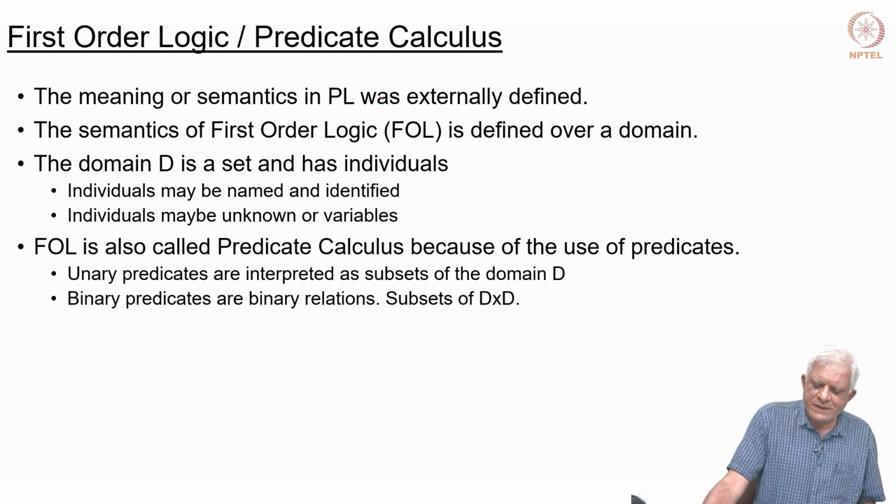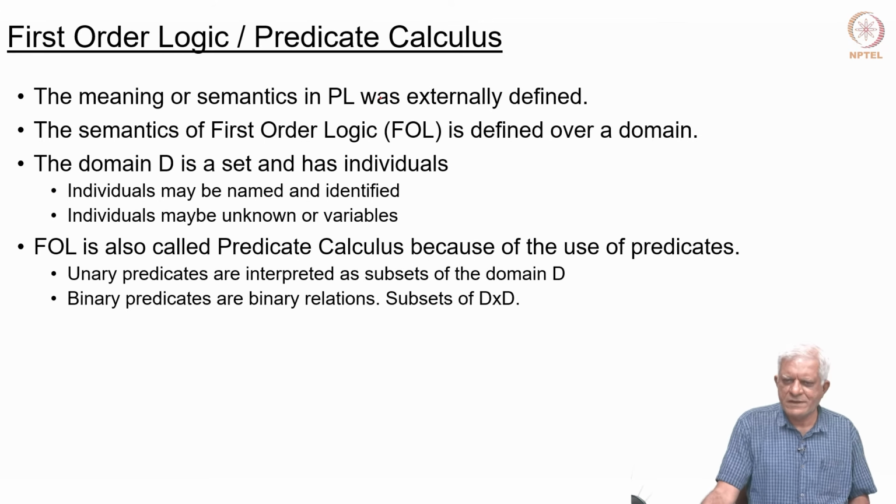FOL is also called predicate calculus because of the use of predicates. Unary predicates are predicates of arity 1, or they take one argument and are interpreted as subsets of the domain. So, men, mortal, animal, bright, whatever.